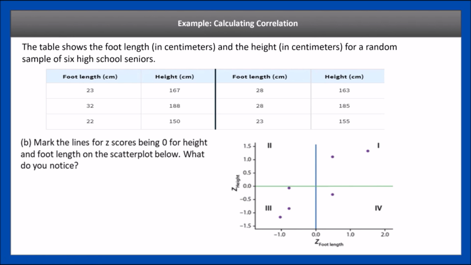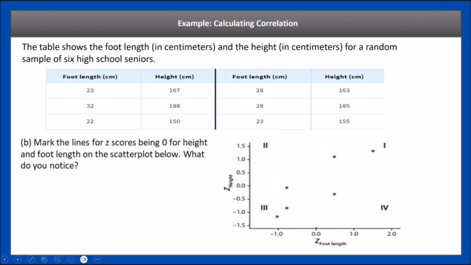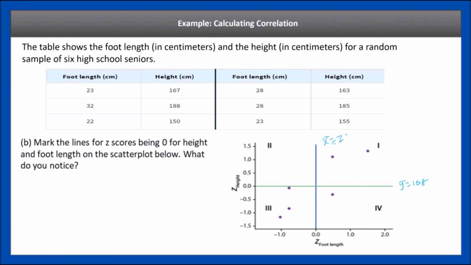This was originally the y bar, and originally this was, if you go back to the data set, 26. But now they're in terms of z-scores. So now this is zx is 0 and this is zy is 0. So it's the same pattern, but now it's in terms of z-scores.